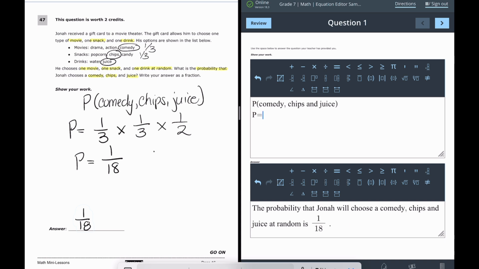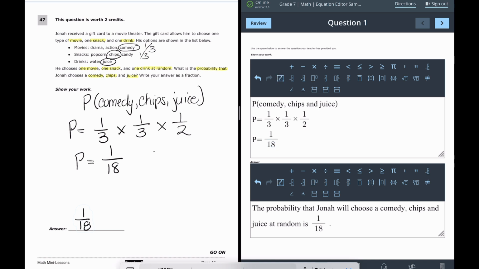That probability is equal to, and now I just have to type in my fractions. 1/3 times another fraction, 1/3 times another fraction, 1/2. And then I'll just put in probability is equal to 1 over 18. That's it.